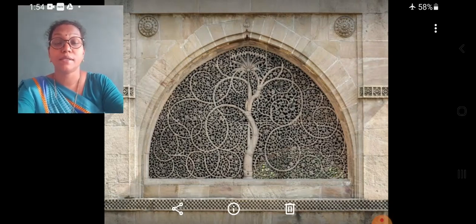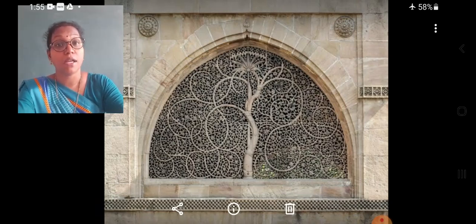Floral designs were used, geometric patterns and calligraphy also were used in the medieval buildings, especially in the later medieval buildings. They avoided the use of animal and human forms because they were not practiced in the religion Islam.